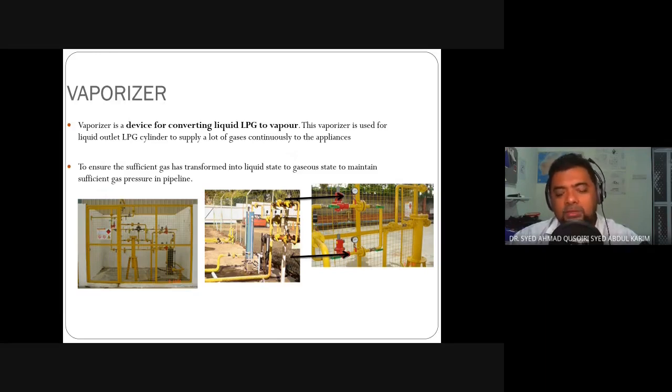It's the same concept as a car's engine, where the fuel is petrol, but the petrol is in liquid form. Before it's used, it needs to be changed into vapor, either by the use of a carburetor or the injection system. The same goes here. To ensure sufficient gas has transformed from liquid state into gaseous state to maintain sufficient gas pressure. So the vaporizer also maintains the gas pressure.